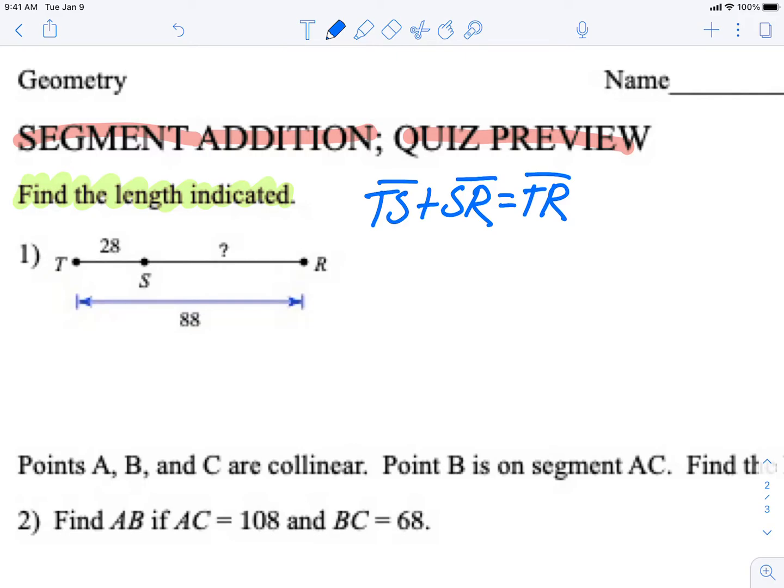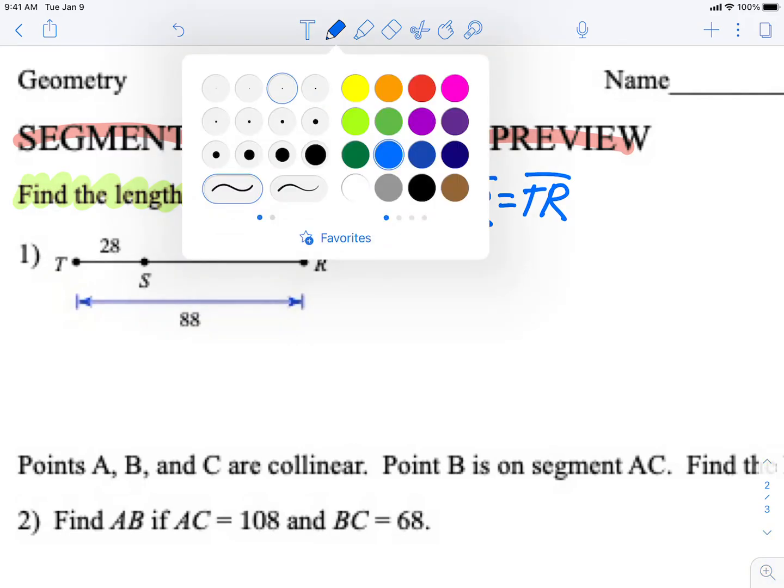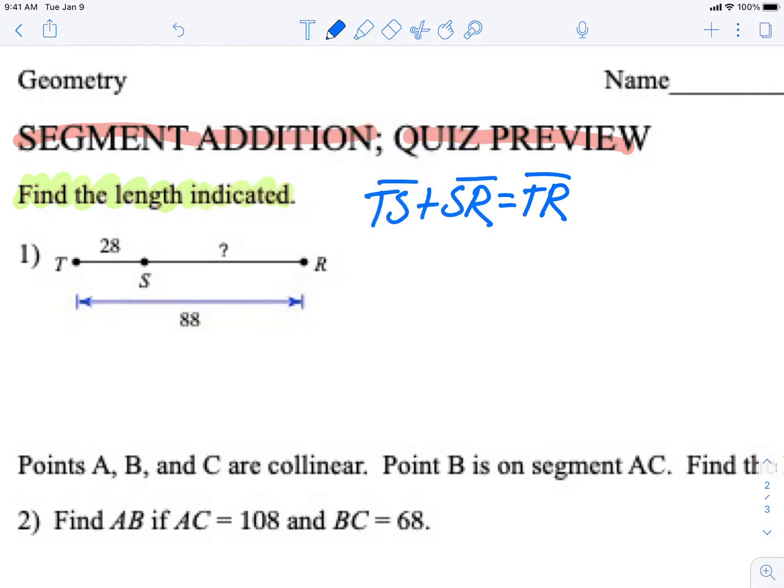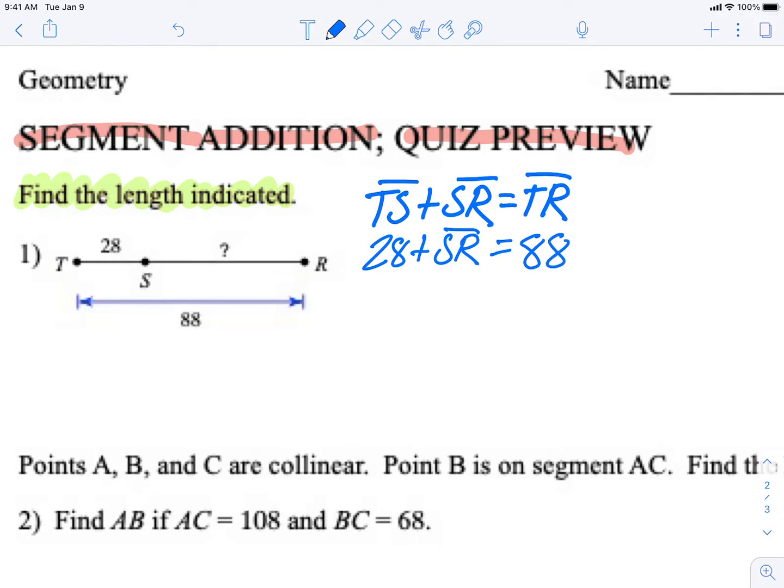TS is 28. SR is, I don't know what SR is. It's equal to TR, which is 88, which was the last time the Dodgers won the World Series, guys, until this year. So Mr. Martinez is very happy.